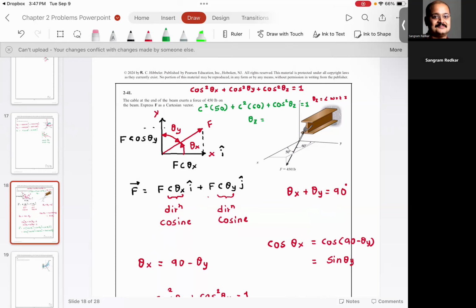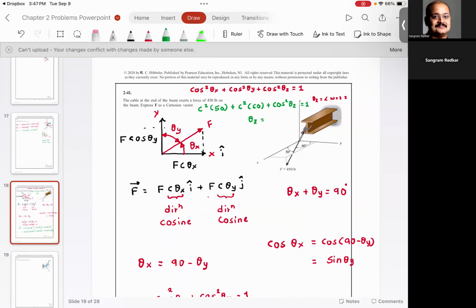In this particular problem, theta z is not given to us. Another important thing: theta x and theta y are projections of the angle. It means to find theta x and theta y, we are looking from the top. Everyone understood this?